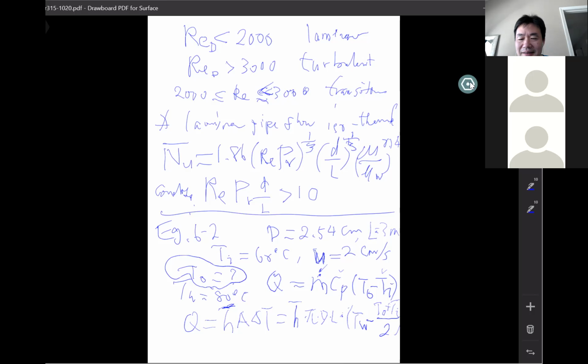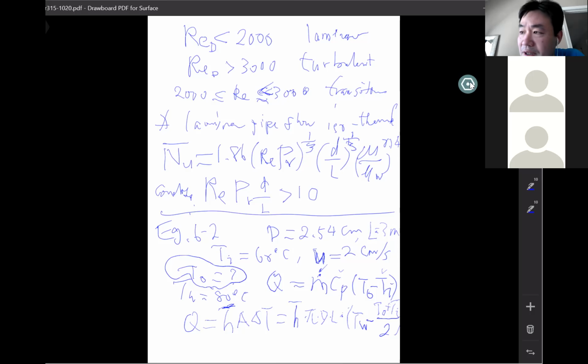Okay, so that's why we can safely assume that the average temperature is just the average temperature of the in and out. Any question to this? Do you feel comfortable with this assumption? Okay, we're doing an engineering application here, right? A lot of times it's not a perfect analytical solution. So we use our judgment to decide a best estimate for some of the values. Here, the temperature is almost linearly changed, gradually increasing inside the tube, inside the pipe.